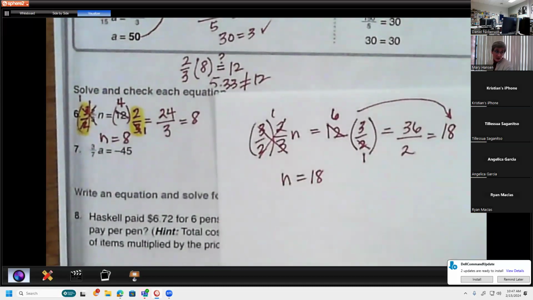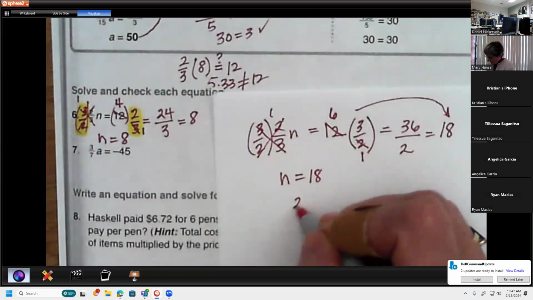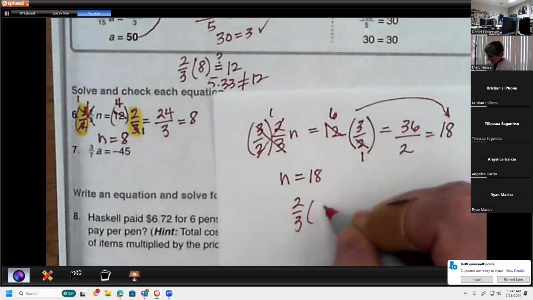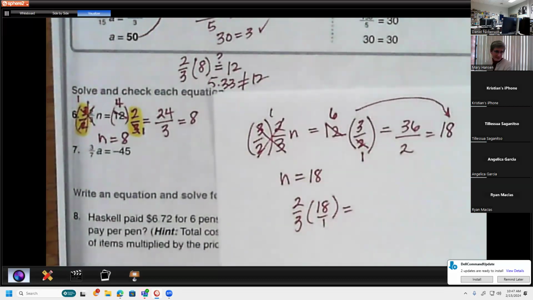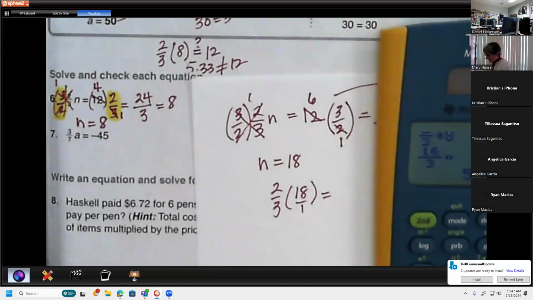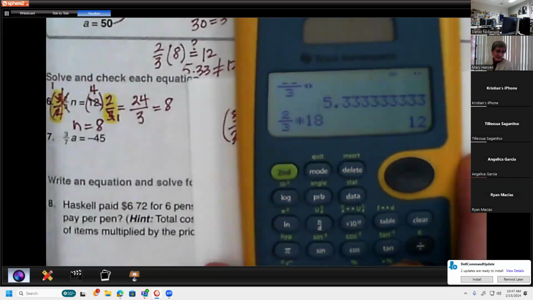Okay, so now let's check our work. Because I don't think I'm going to have that sinking feeling I had just a moment ago when I wrote down 2/3 times 8. 2/3 times 18 is in fact 12.